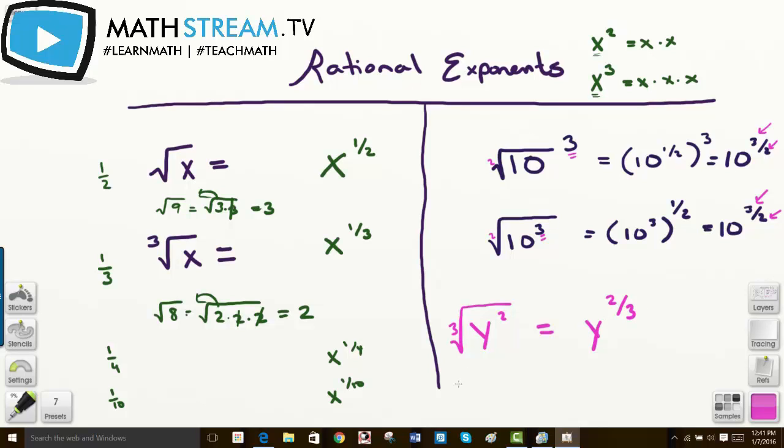And this works even if I had, let's say, the cube root of x squared times y to the 4th. I can actually just write these as separate expressions. I can say this is x to the 2/3 power, because x has a power of 2 and a root of 3, and y to the 3/4 power, because y has a power of 3. Oh, sorry, I don't want to say 3/4, I want to say 4/3. I was thinking the other way around. The power is 4 and the root is 3. So this would be x to the 2/3 times y to the 4/3.